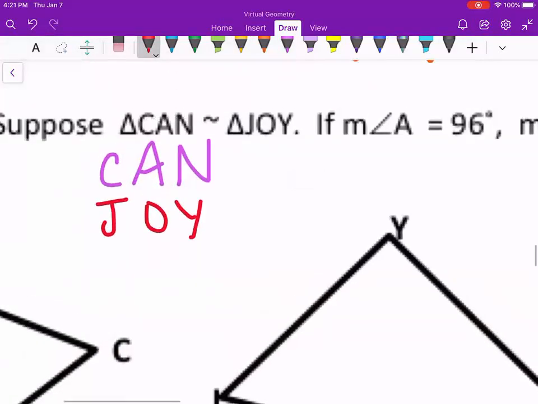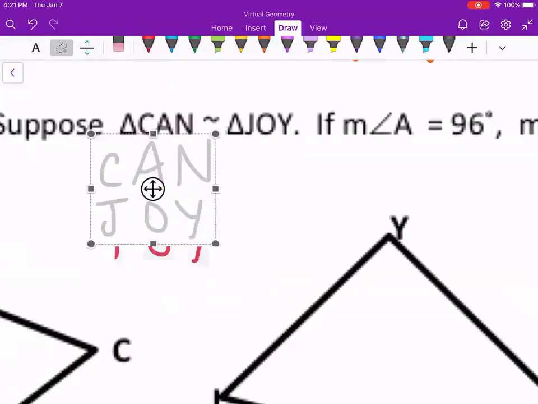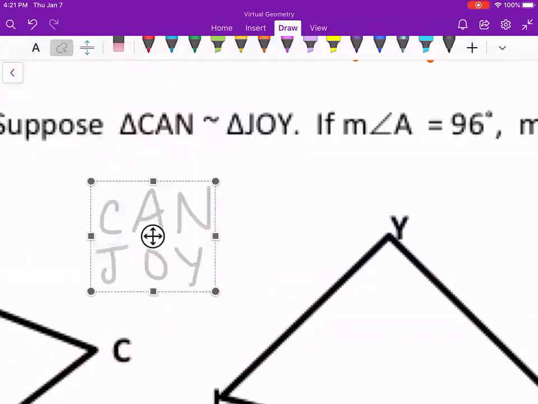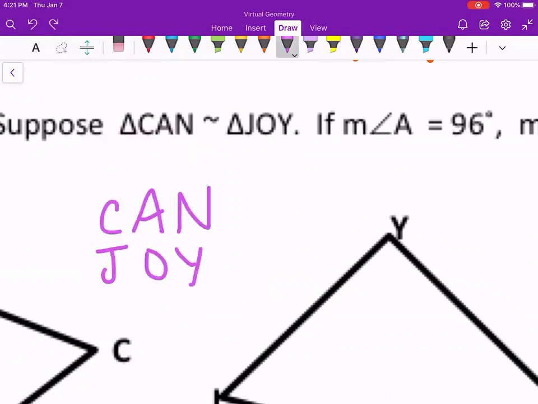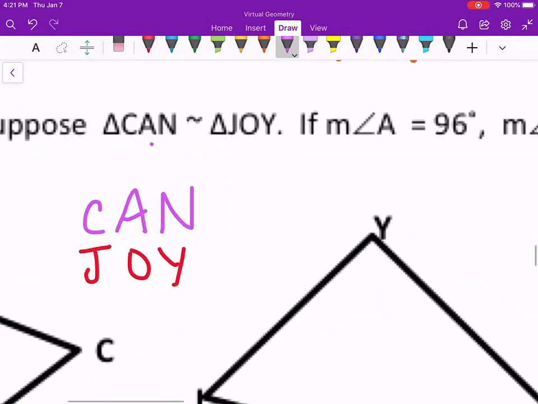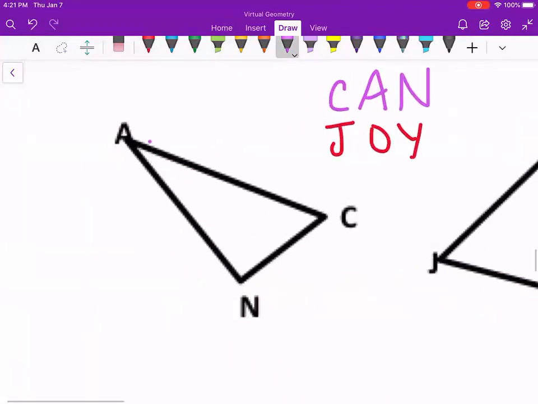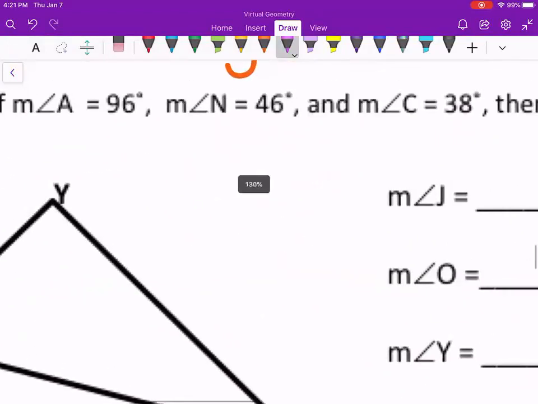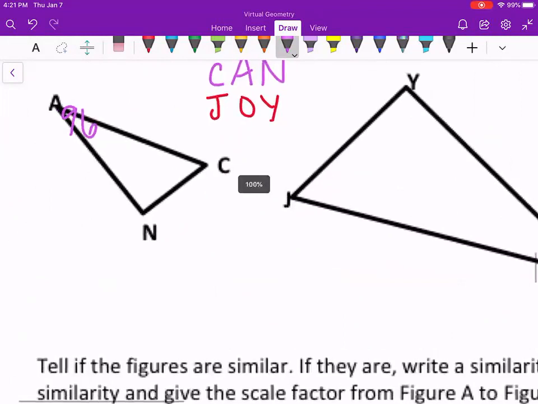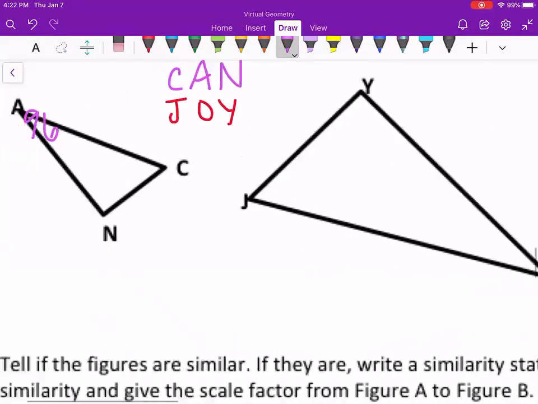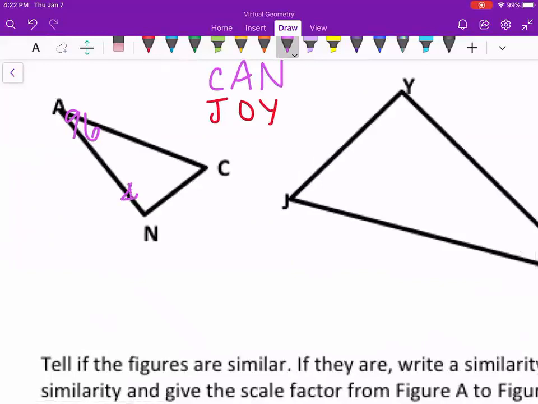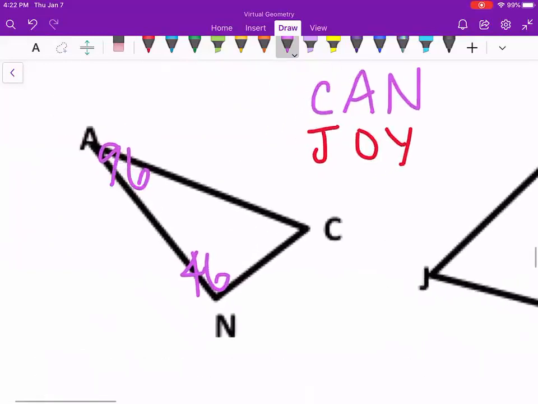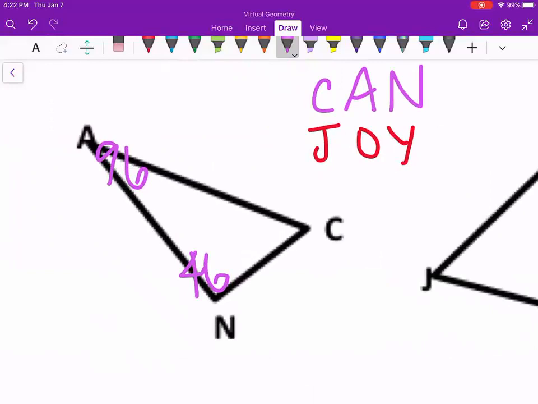So first off, if angle A is 96, okay, so in my picture, we've got 96, and then it says N is 46 and C is 38.